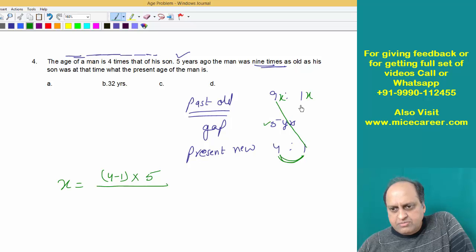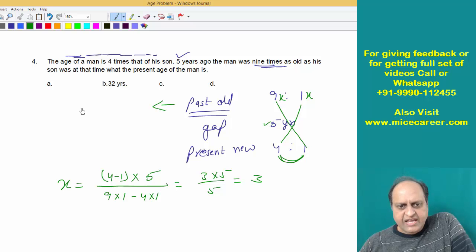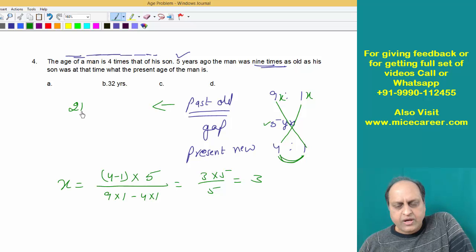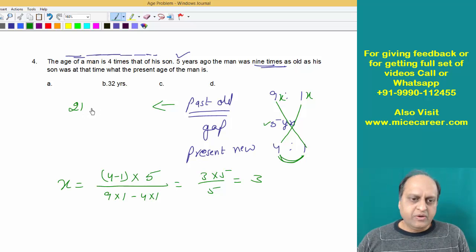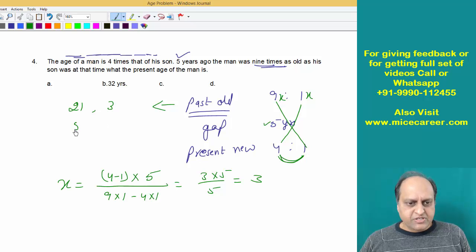Then cross multiply and deduct. They take the difference 9 into 1 minus 4 into 1. So you get 3 into 5 upon 5. So x is 3. So past age is 9 3s are 21, 9 into 3 times. 21, 1 into 3 times. 3, gap is 5. So current is 26.